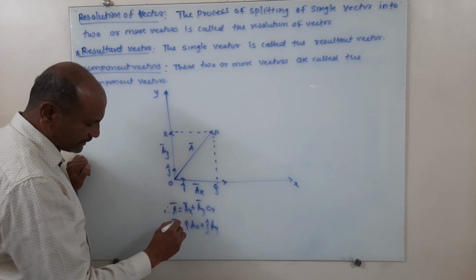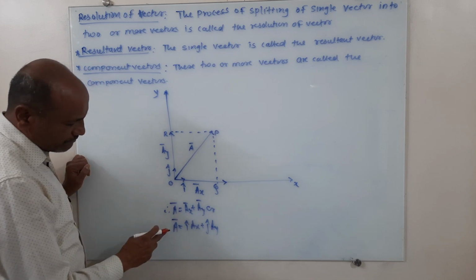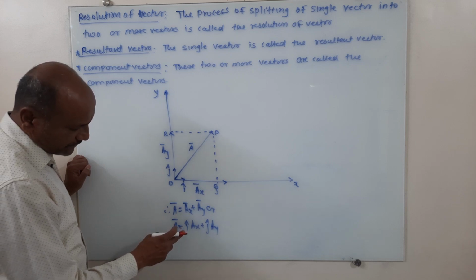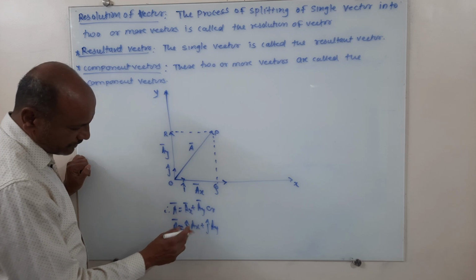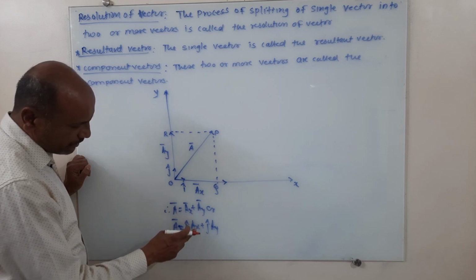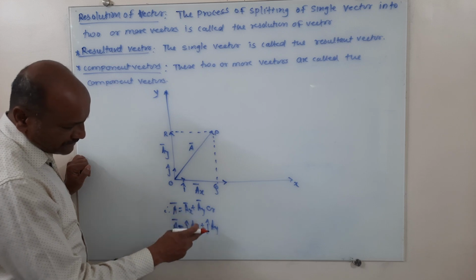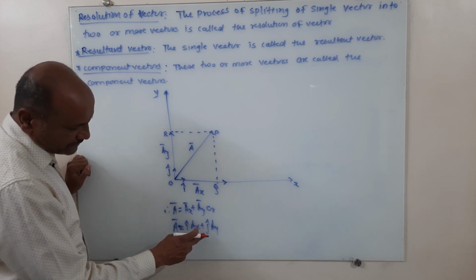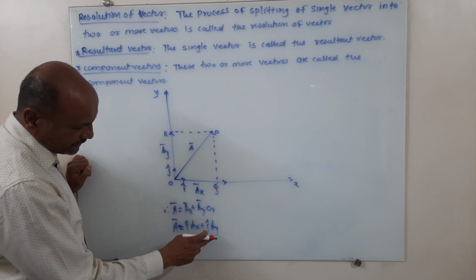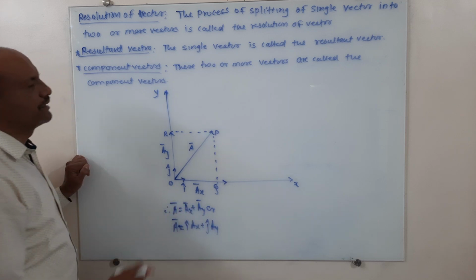In this case, A bar represents magnitude and direction of a vector A bar. Here i cap represents the direction of Ax bar. Ax represents the magnitude of Ax bar. j cap represents the direction of Ay bar. Ay represents the magnitude of Ay bar.